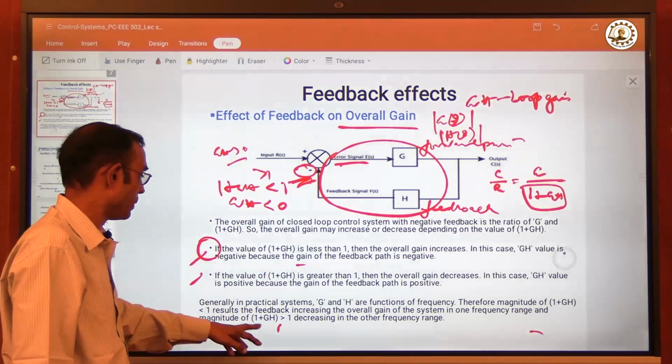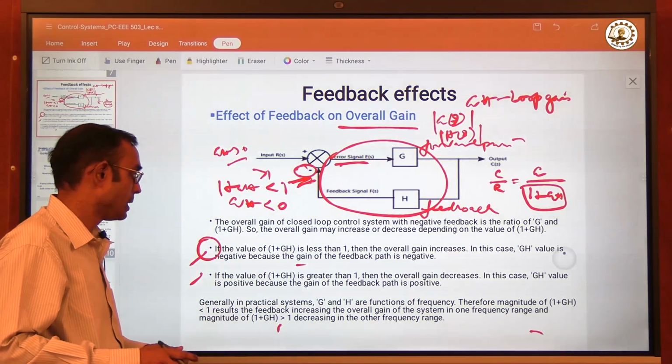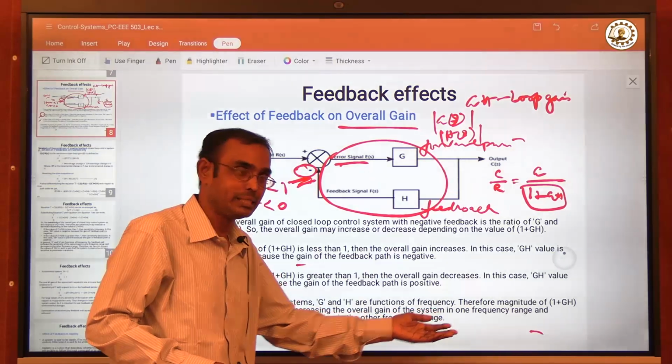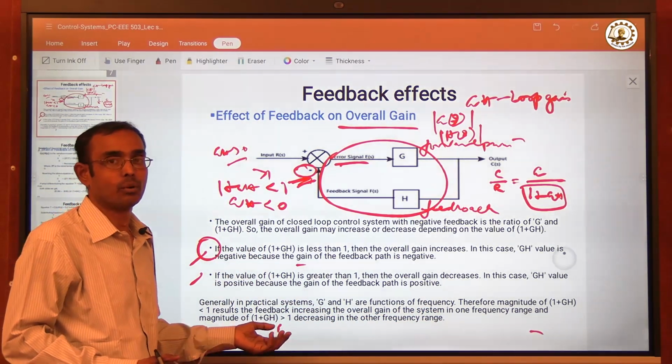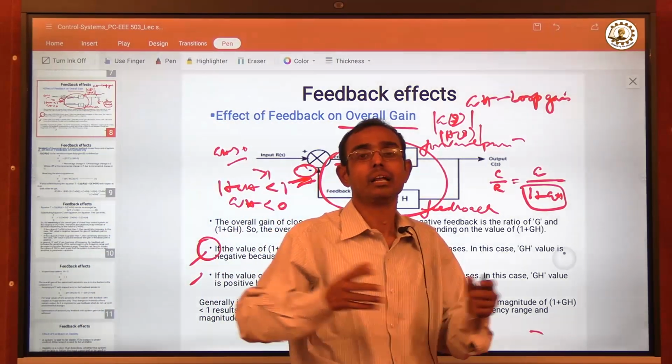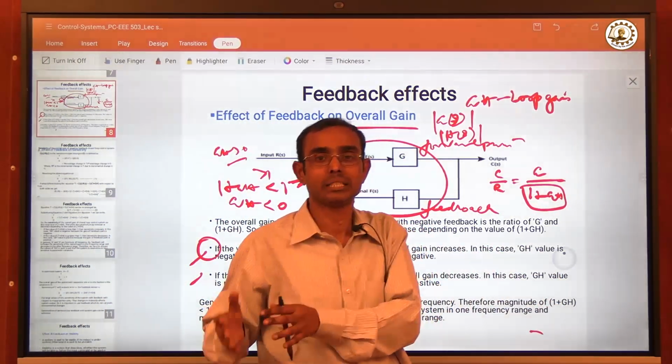There are two cases. When this magnitude is less than 1 over some frequency ranges, in other frequency ranges it should be greater than 1, because S has a long range from minus infinity to plus infinity.